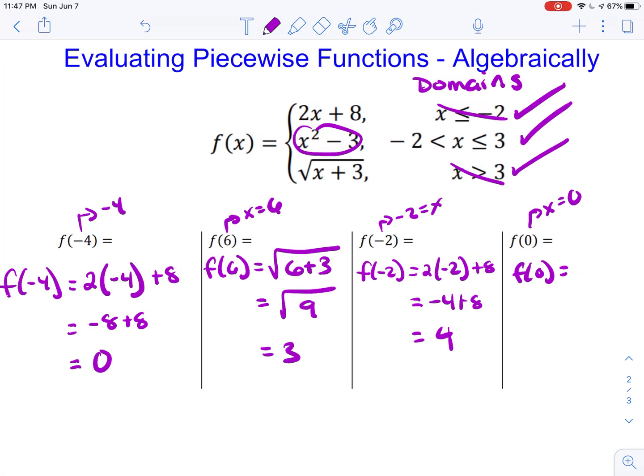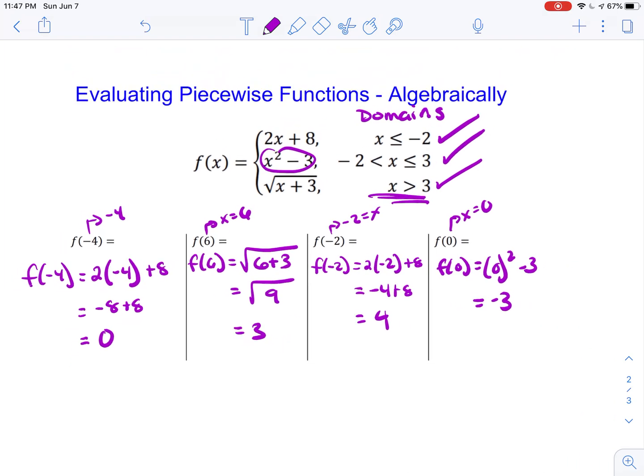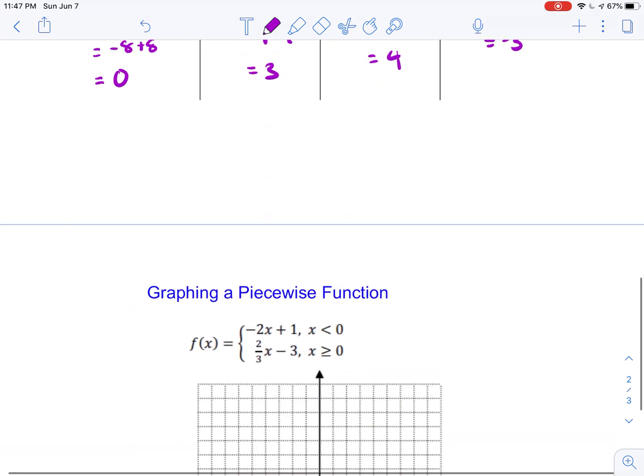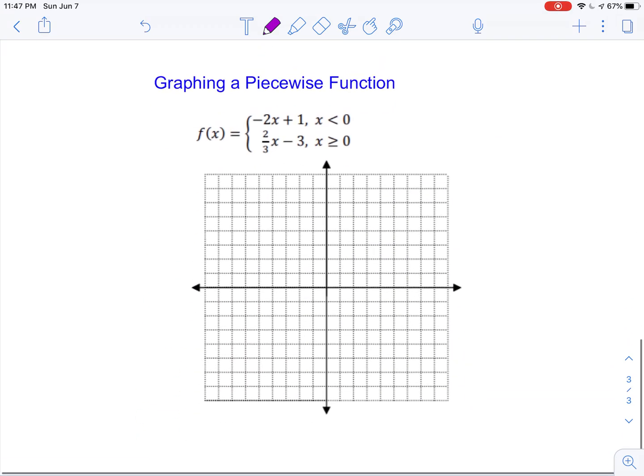So f of 0 gets plugged into this equation, which is plug in 0 for x minus 3. We get a -3. All right. So this domain part right here on our right-hand side is going to be really, really important for evaluating algebraically. Okay, it tells you which equation to use at what time.